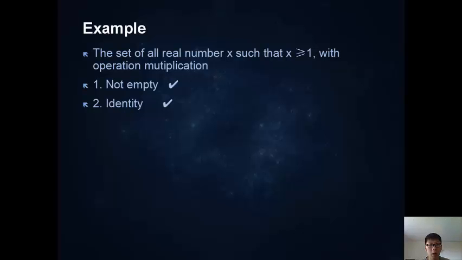Is 1 over 2 in the group? No, because the question has already mentioned that x must be greater than or equal to 1. So 1 over 2 is not in the group. So the inverse is not closed under the group. So we can say this set is not a group.